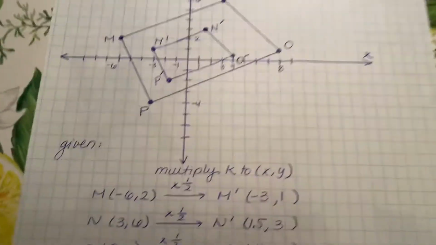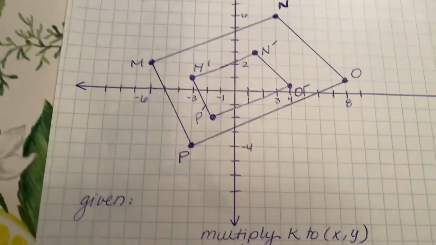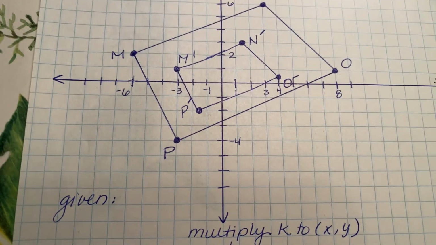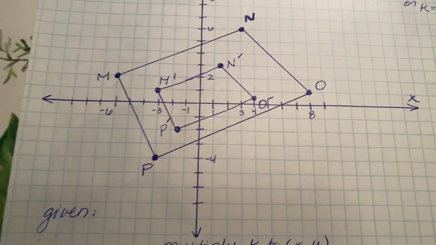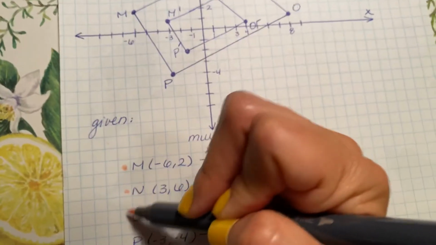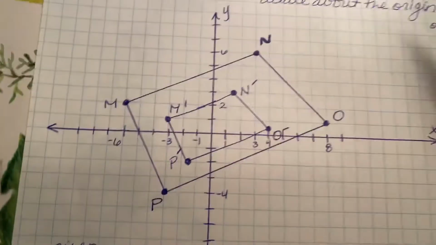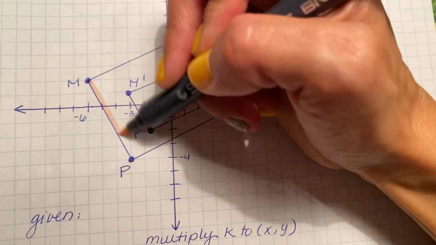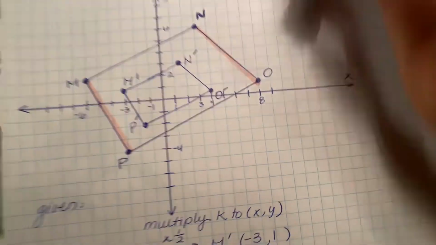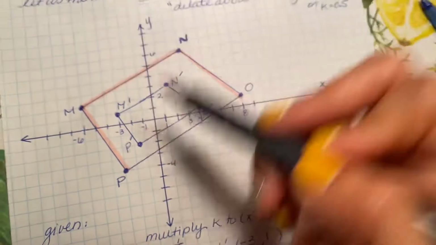Okay, let's color code, right? So all I did was plot. My pink is my pre-image, so pink, pink, pink, pink. Oh, wait, sorry. Pink. That's the bigger one, right? My pre-image is the larger quadrilateral.